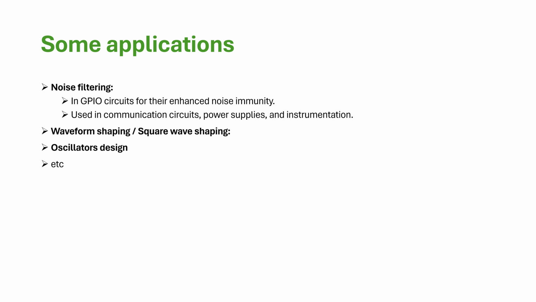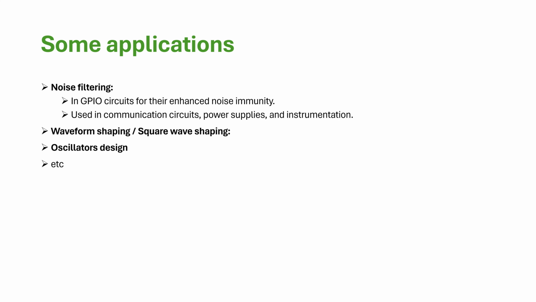Let's see some applications. The hysteresis property of the Schmitt trigger makes it usable in many applications. Some of them are noise filtering, waveform shaping or square wave shaping, oscillator design, and many more. One notable thing I want to highlight is in IO circuits, especially GPIO circuits.